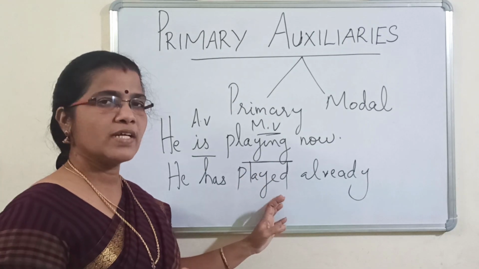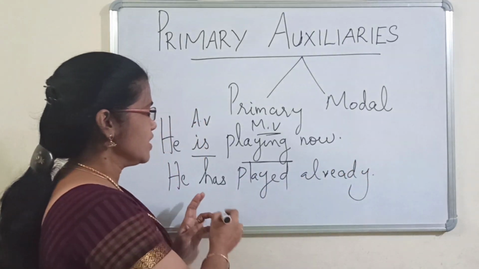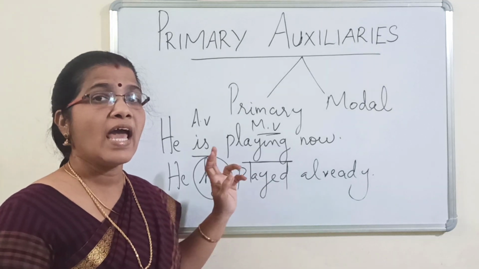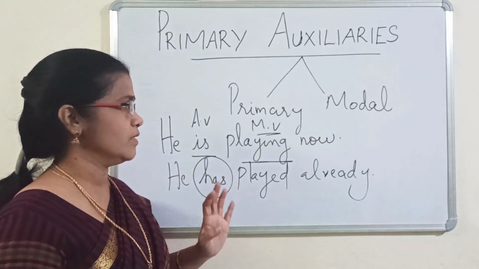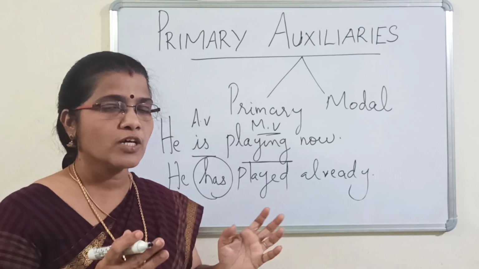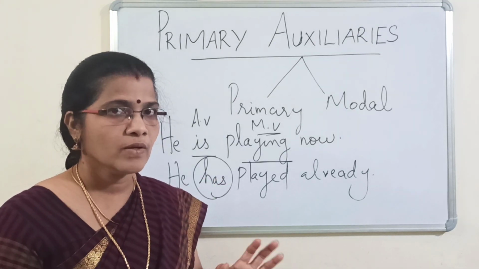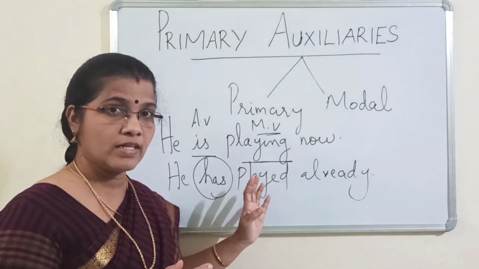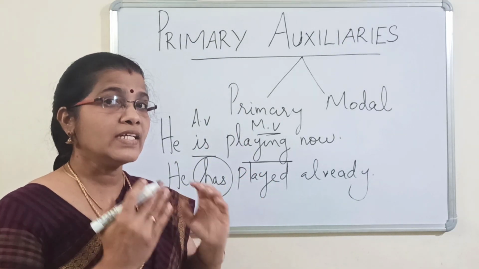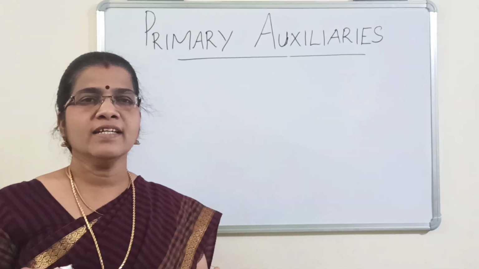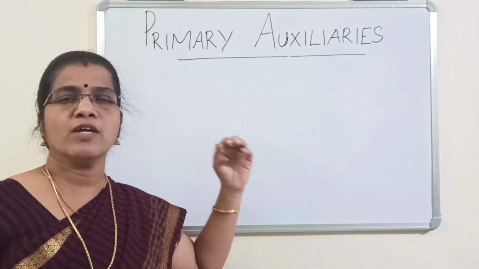I want to write the sentence as present perfect tense, so I have made use of has here. So played is the main verb here, and has is the auxiliary verb here. I will be giving you in detail the different functions of these auxiliary verbs. This is the main thing that you have to understand. Auxiliary verb is a helping verb. It helps the main verb. Now let's learn all the primary auxiliaries.